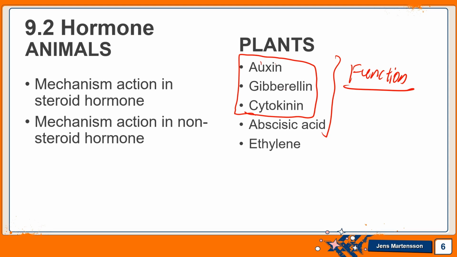This means you have to relate these 2 hormones to the plant function. You don't just want to know the functions of each of the 5 hormones separately. There are many functions. You have to memorize them. You have to know all the functions. Better to know all. Okay.